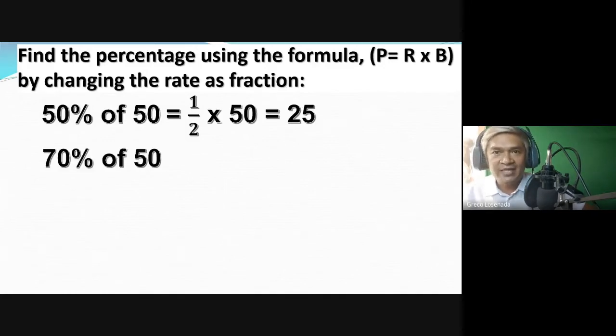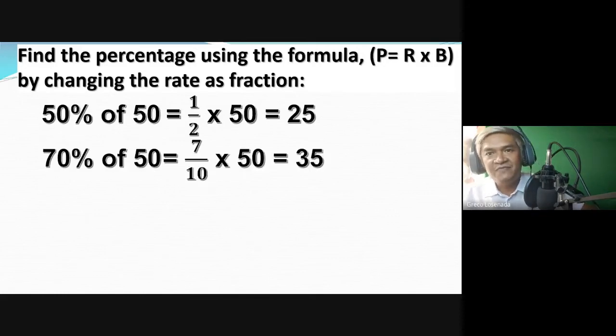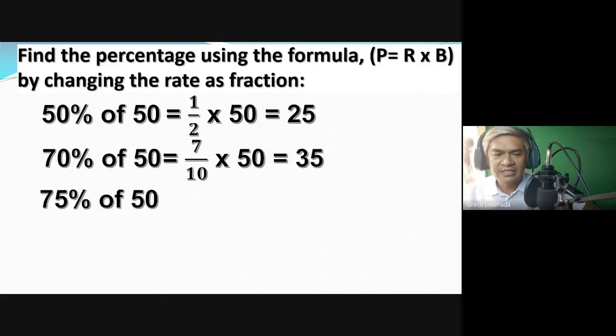This time, we're going to find 70% of 50. The fractional form in lowest term of 70% is 7/10 multiplied by 50, giving us the answer of 35. Next, let's have 75% of 50. The fractional form of 75% is 75 over 100, but its lowest term is 3/4.